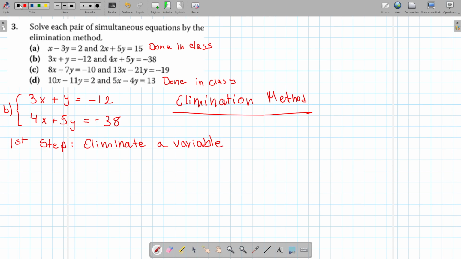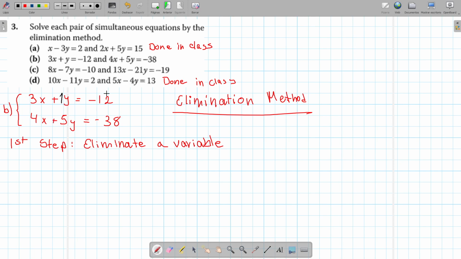In this case, I will choose to eliminate the variable y. What I have to make sure is that these two variables have the same number and the opposite sign. In this case, they have different numbers, 1 and 5, and the signs are the same, positive and positive.